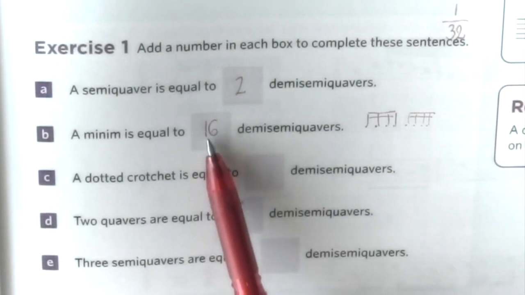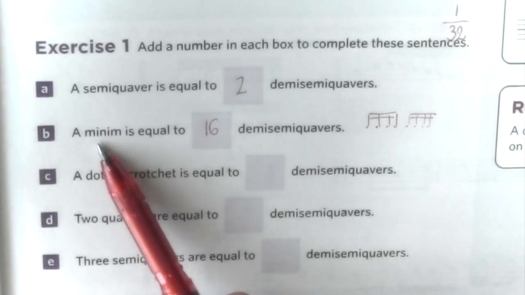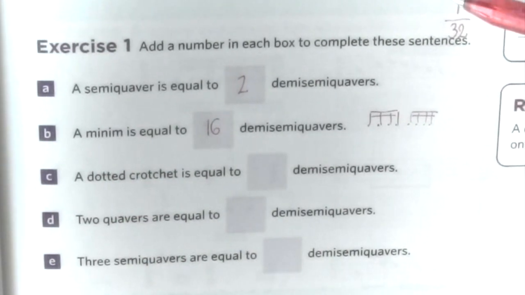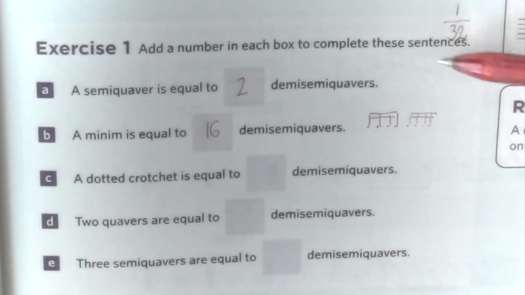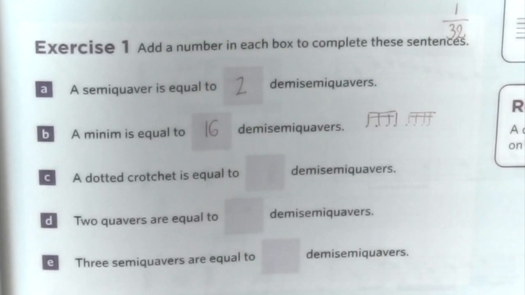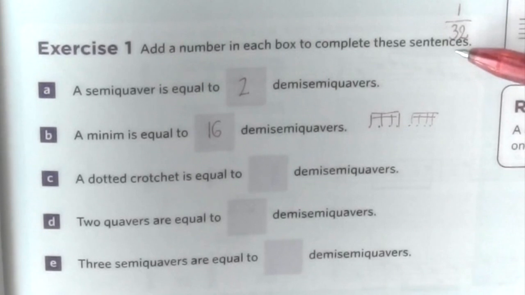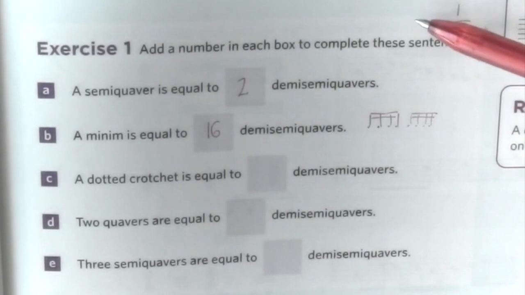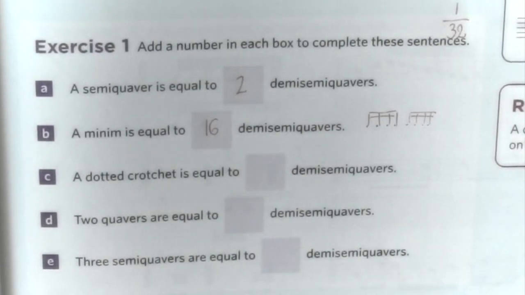And just to confirm, a minim is half of a semibreve and the demi-semiquaver is 1/32 seconds, so half of 32 is 16. So this is another way of going through this. We need half of the amount. 32 demi-semiquavers would make a semibreve. The minim is half a semibreve, so 16.